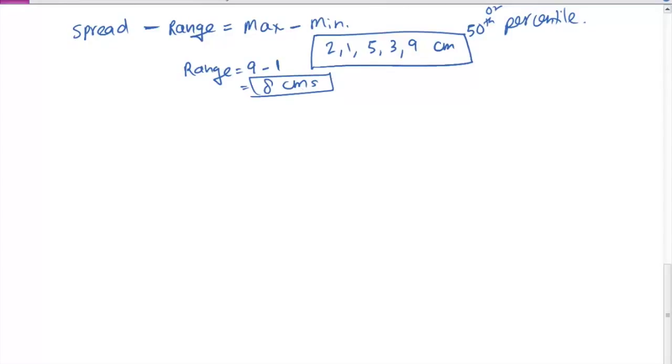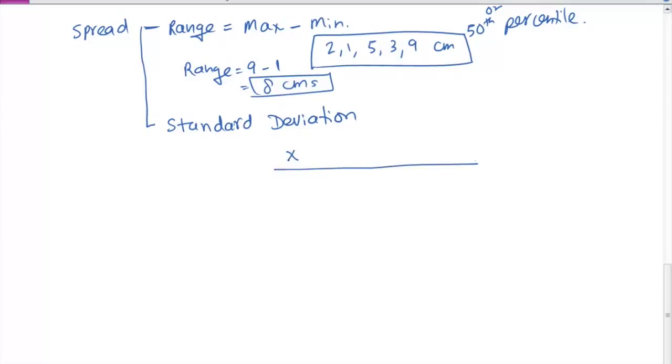There is another measure which uses information from all the data points, and that calculation has become a standard throughout the world for capturing spread or variability in the data. This method of summarizing data spread in numbers is called standard deviation, which is very popular and commonly used. Let's say this data is represented by some random variable x.